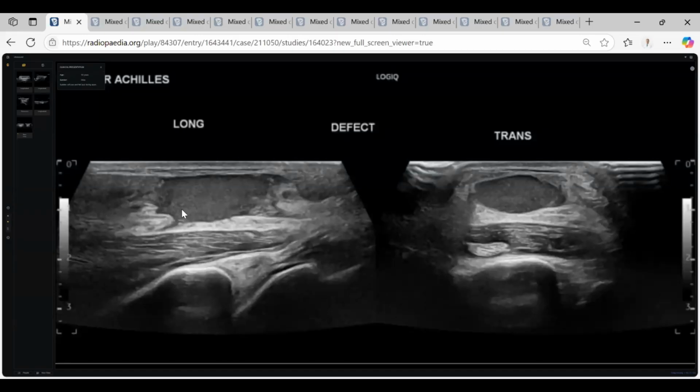What's your final diagnosis? It could represent acute Achilles tendon rupture with acute hematoma in the tendon. Thank you, doctor. You are brilliant. Thank you.